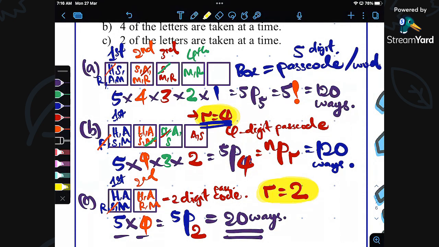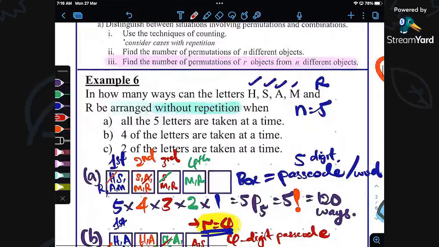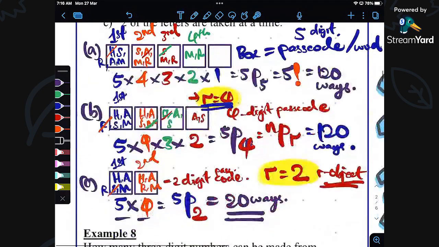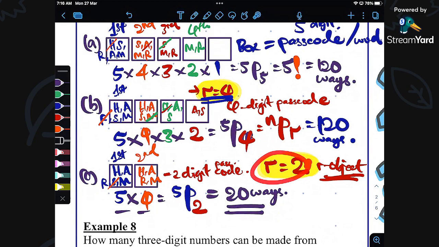So this is what you call as the R object. So this is what you call as finding the permutation of R object from the n different objects. Okay, inilah yang kita tengah belajar sekarang. Kita tengah nak fahamkan soalan ini. Dia kata dia nak objek 2 sahaja, which is the passcode yang dia nak buat hanyalah 2 digit code saja.